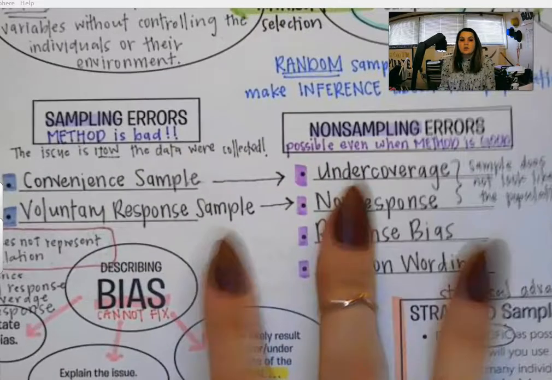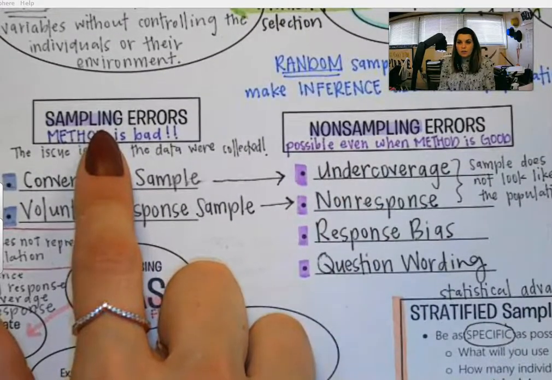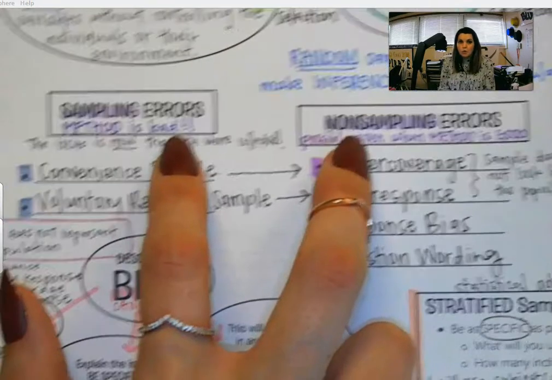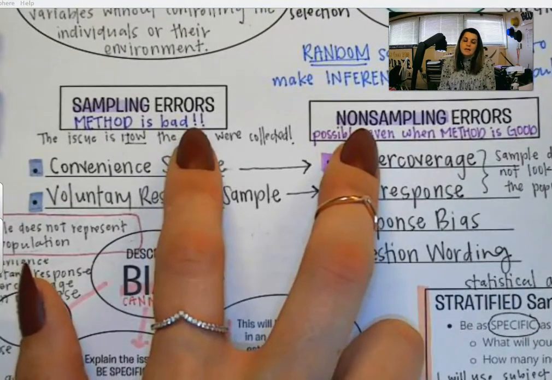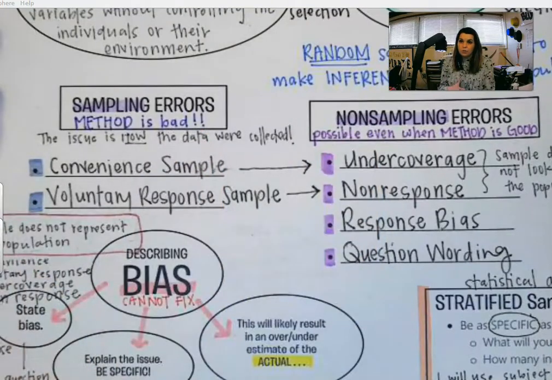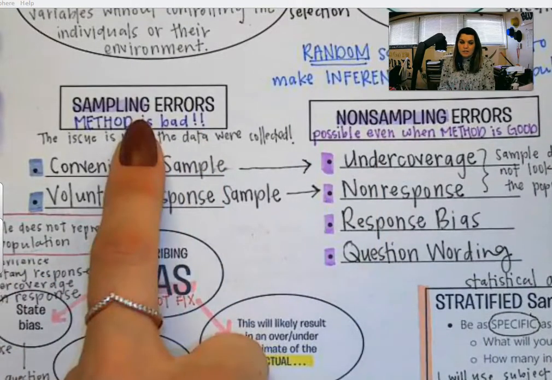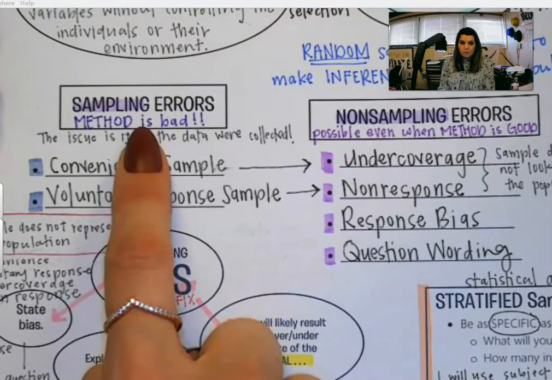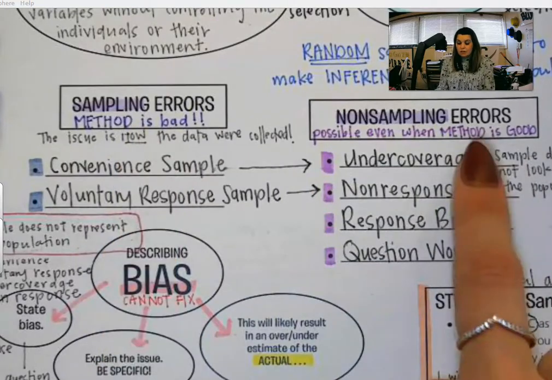Okay. So method is bad. There's no way to fix bias. Bias is worst case scenario, and there are two ways that we can get bias. Our sampling method is bad, so sampling errors, and non-sampling errors. So sampling errors happen when the method is bad. Non-sampling is possible even when the method is good.